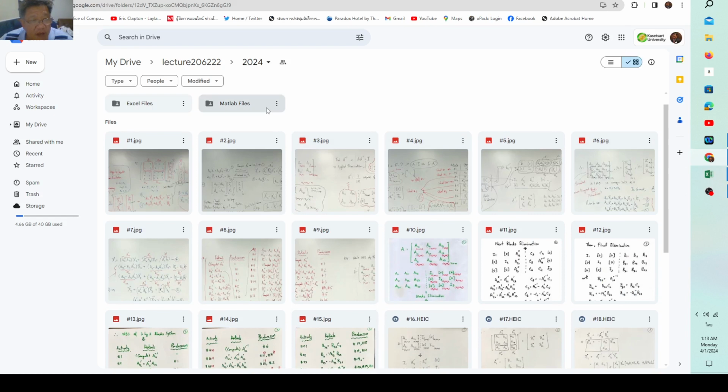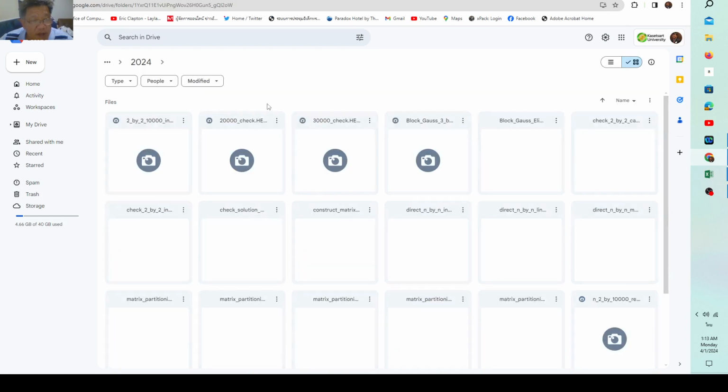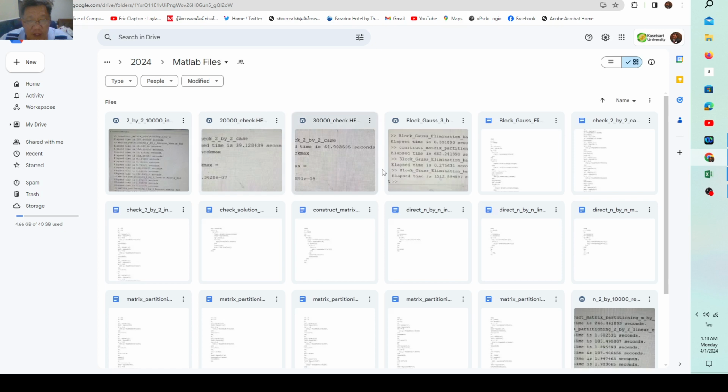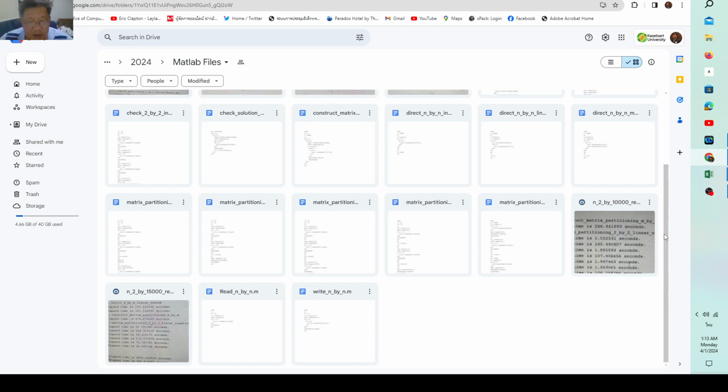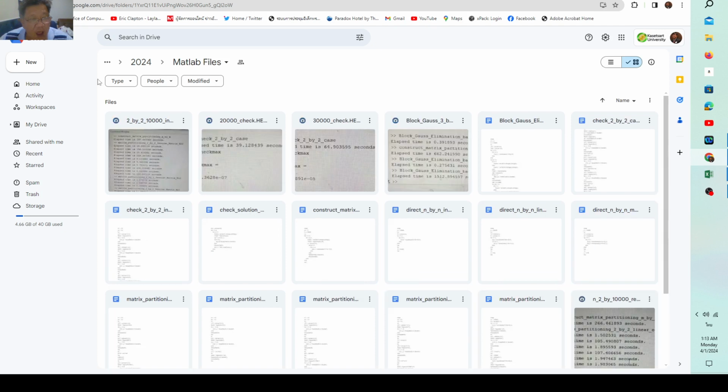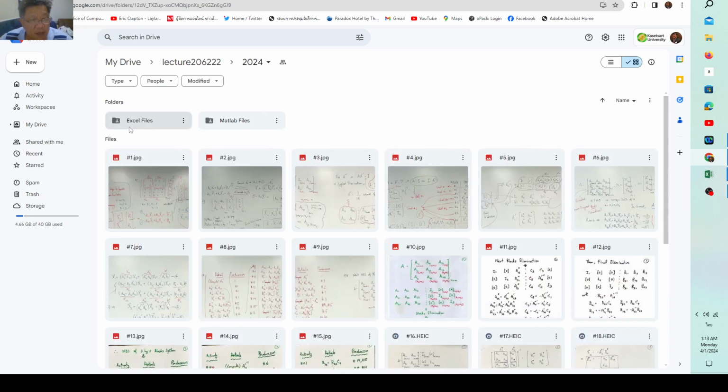Over here, you click into the subdirectory of MATLAB. You see that I show you many of the results and also the coding. So we're going to restart what we have done so far, but we move from the platform of Excel to MATLAB.